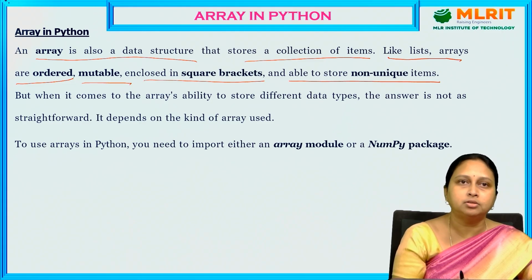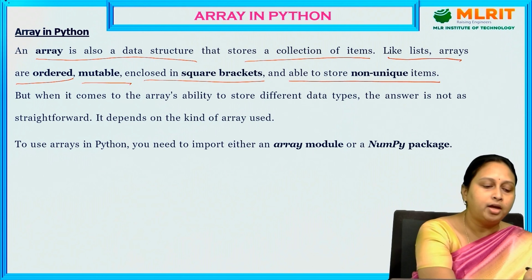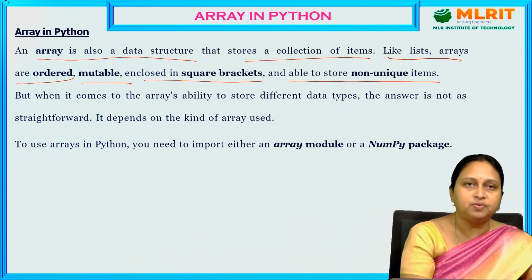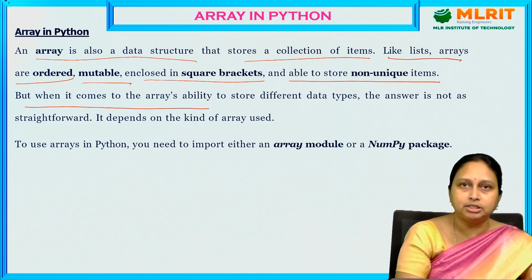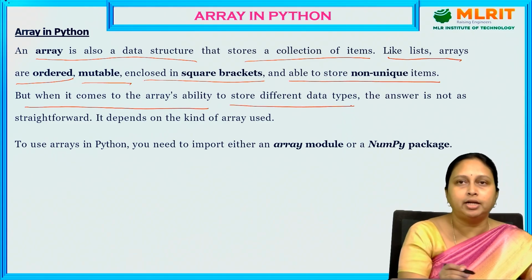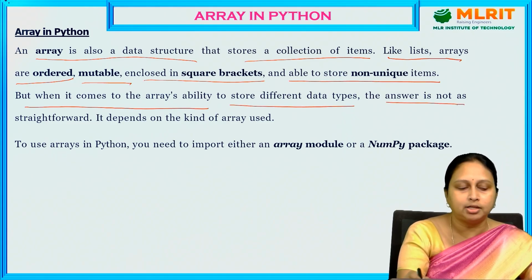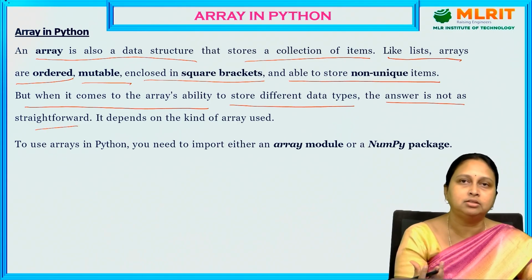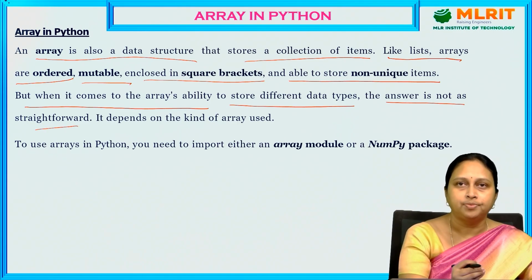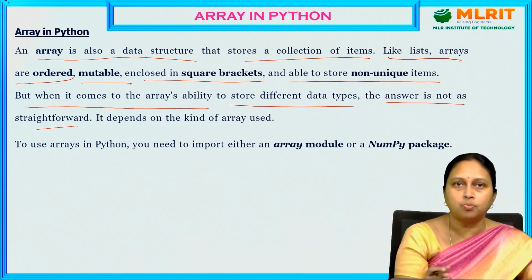But coming to where you are going to find the difference between list and array, when it comes to the array's ability to store different data types, the answer is not as straightforward. It is not like in the list, where we directly store different data types in a variable. It is not possible with arrays.